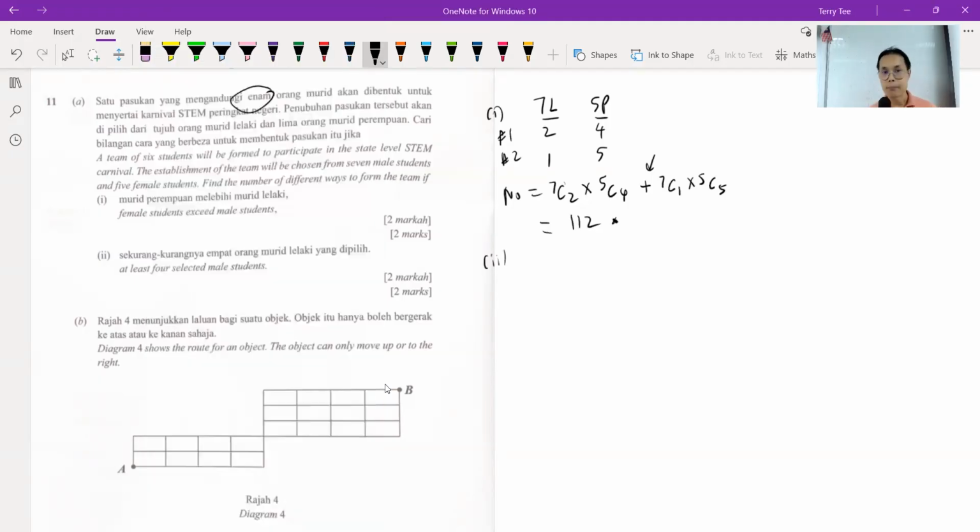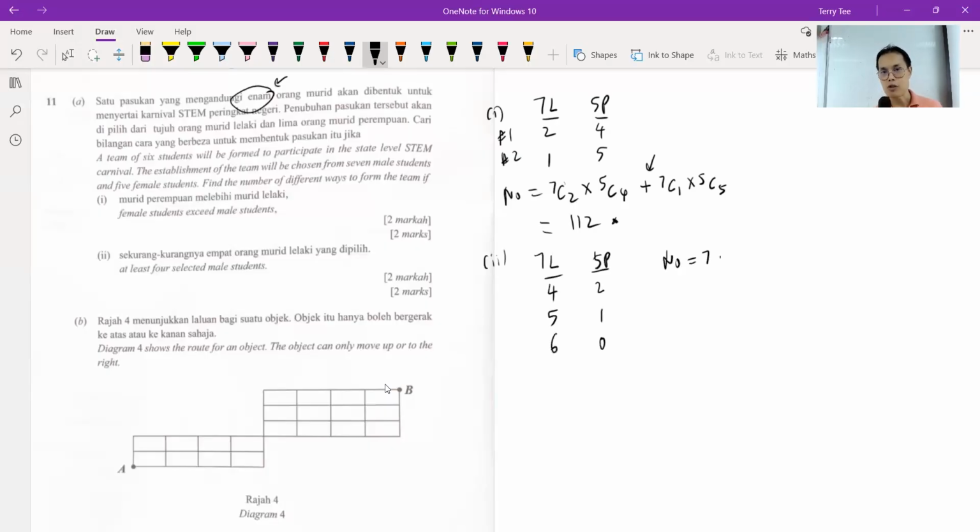Second part, sekurang-kurangnya 4 orang murid lelaki. That means at least 4 boys. So in this case, we do the same thing. You can have 4 boys. You can have 5 boys. And in this case, I can only have maximum 6 boys, because why? We are choosing 6 murid, 6 people only. So this is 2, 1, 0. So that means you can also choose no girls, right? So let me do it here.